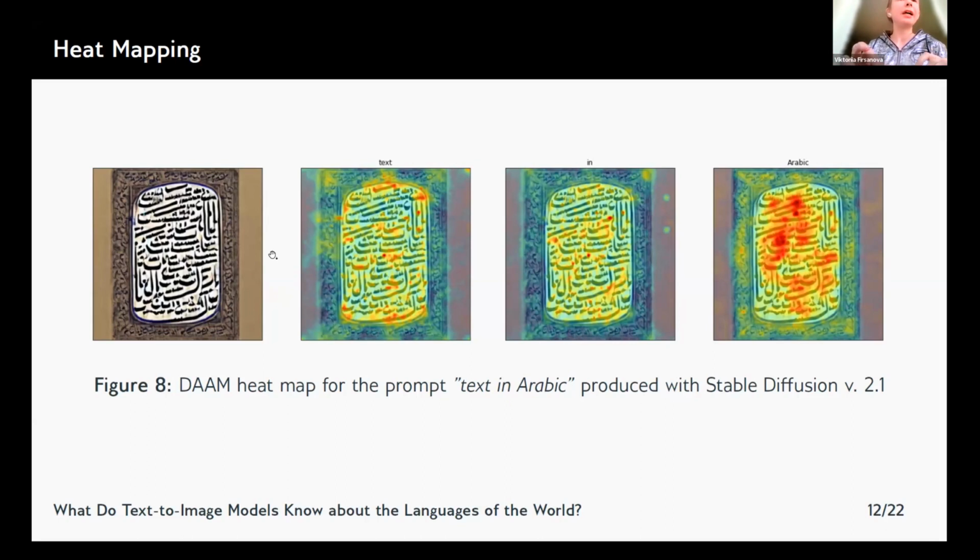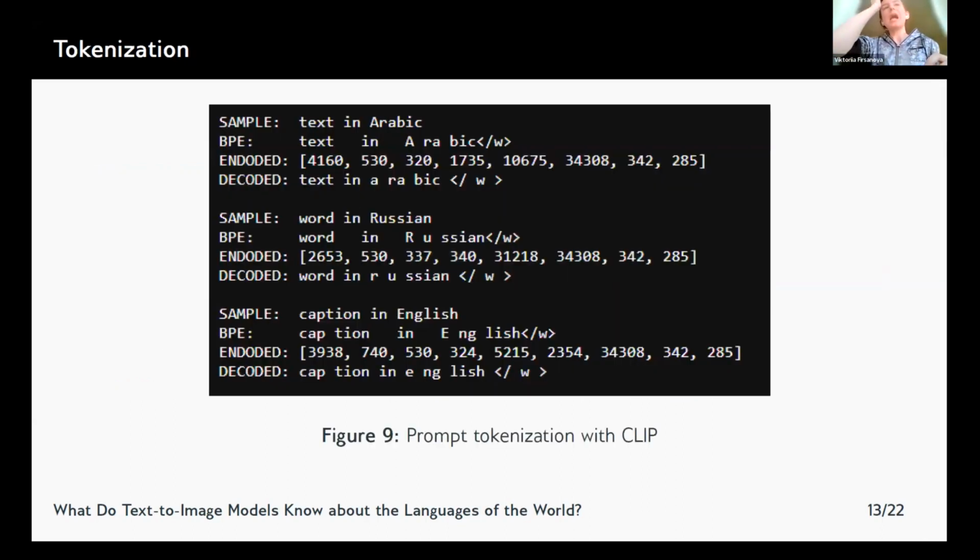We can also see that this example is slightly culturally biased, because it reminds us of religious texts such as the Quran, because we have something like a frame which reminds us of religious texts.